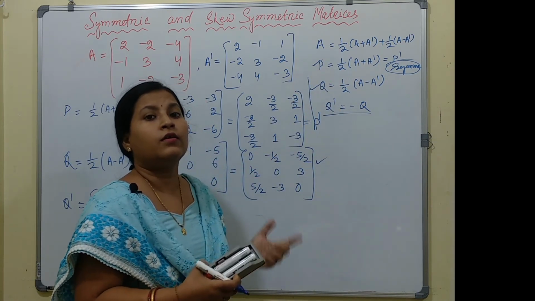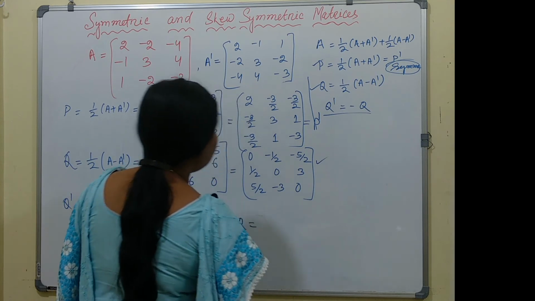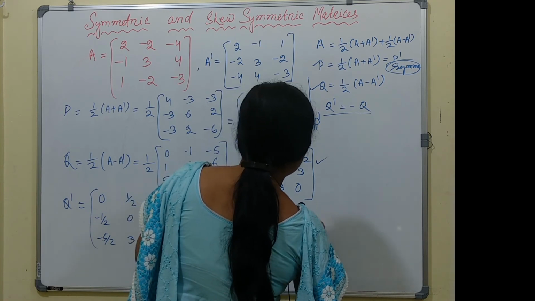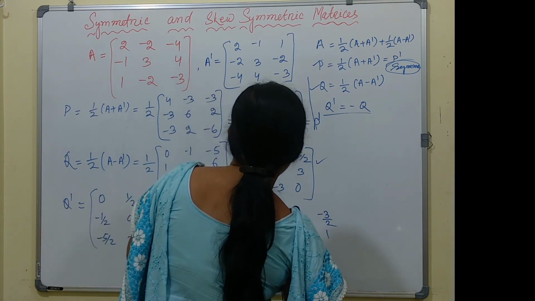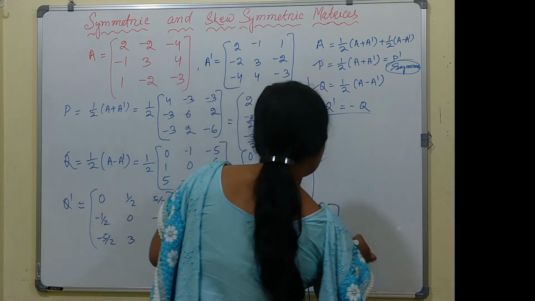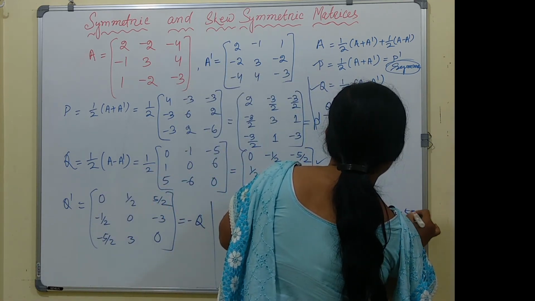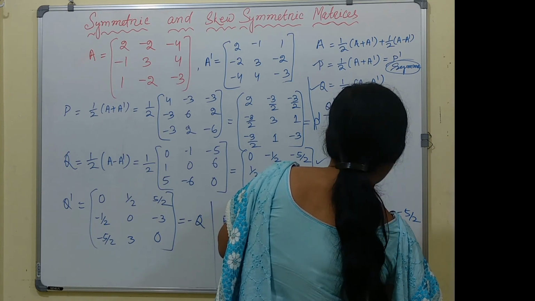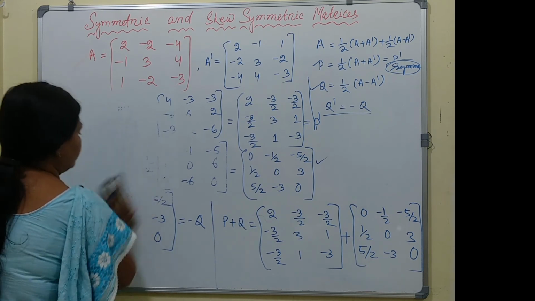Now we will find the addition of P and Q. So P is equal to 2, minus 3 by 2, minus 3 by 2, minus 3 by 2, 3, 1, minus 3 by 2, 1, minus 3, plus Q is equal to 0, minus half, minus 5 by 2, half, 0, 3, 5 by 2, minus 3, 0. Now we'll find the value of P plus Q.